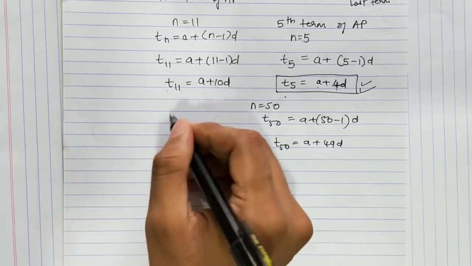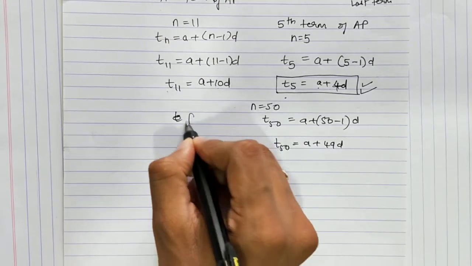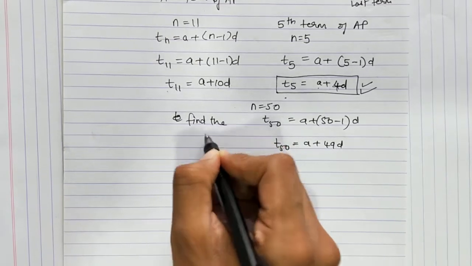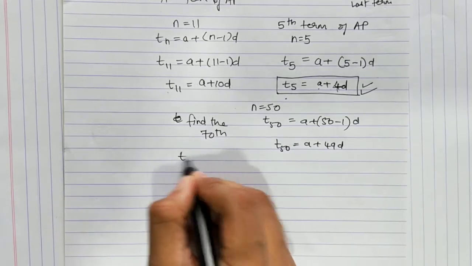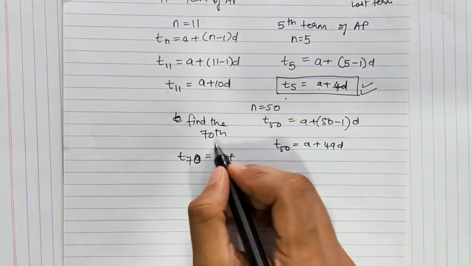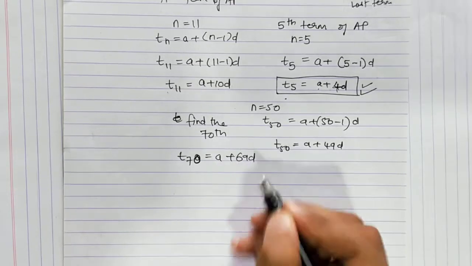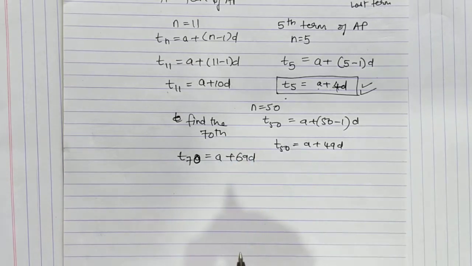Whenever they say, let's take an example, find the 70th term, you can write directly T70 is equals to a plus 69d. Directly you can write this, a plus 69d.